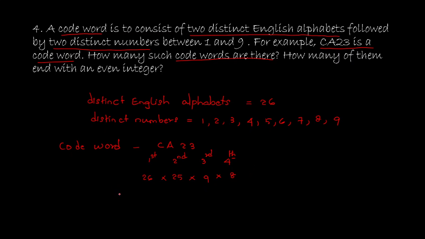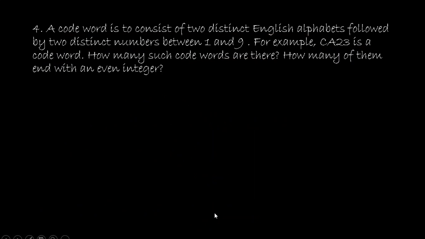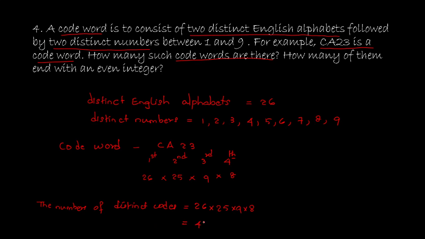So the number of distinct codes is 26 multiplied by 25 multiplied by 9 multiplied by 8 equals 46,800 ways.